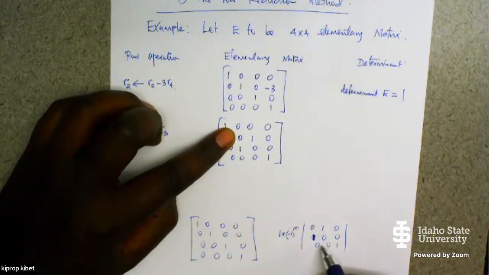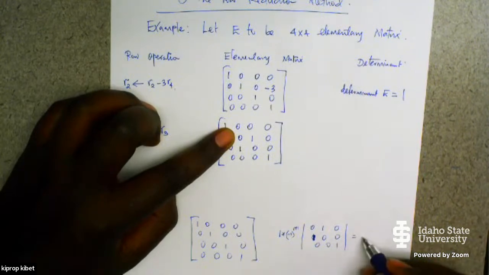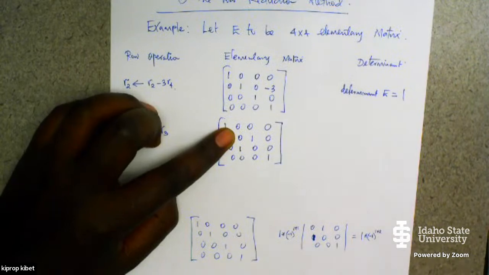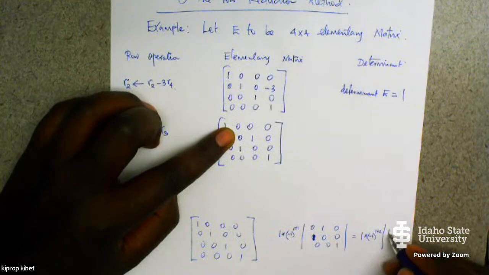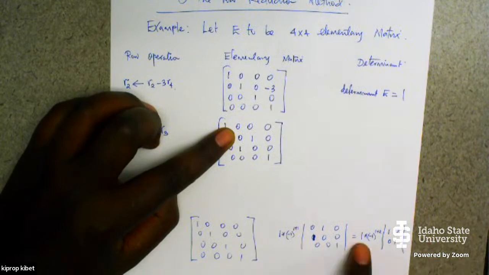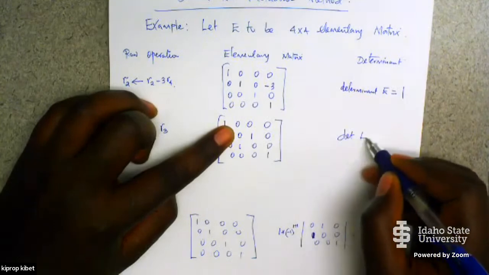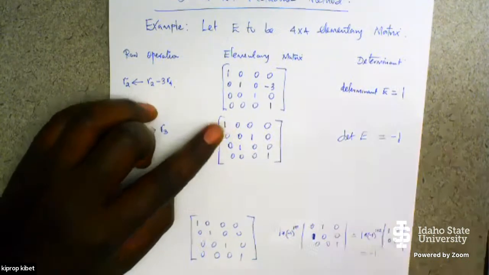Also, 1 multiplied by -1 to the 1 plus 2, times the determinant of 1, 0, 0, 1. This equals -1. So the determinant of E is equal to -1.